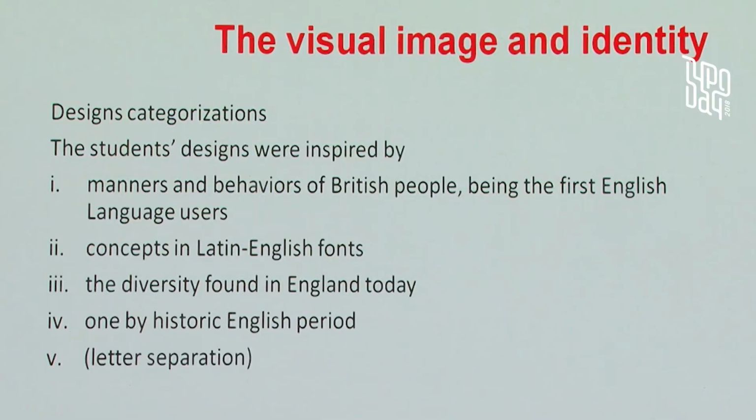I found that they were categorized into 5 things: some of them used the manners and behaviors of British people as they see them as the concept of designing the font. They went to some concepts in Latin English fonts, and some talked about the diversity in England, and one just referred to a historical period, and one for letter separation, we will see it.